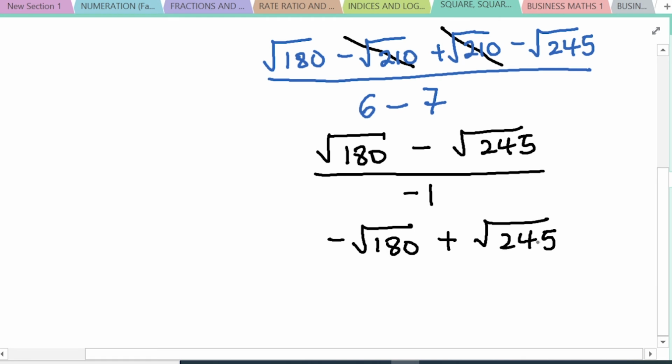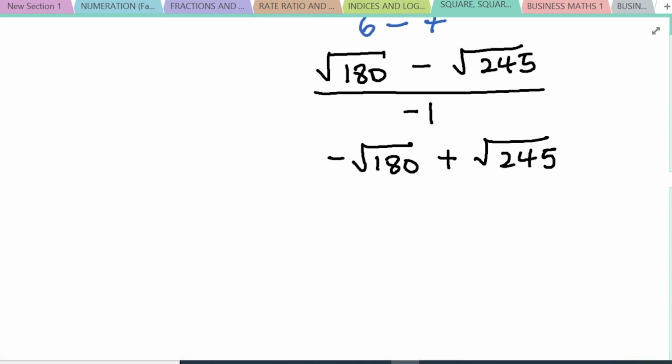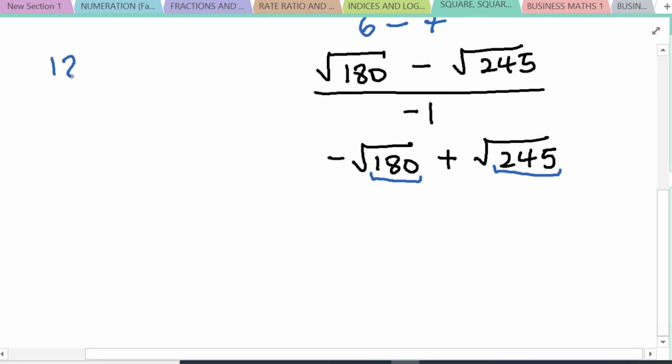So from there, all we just have to do is simplify it further. And we can simplify it further by simply finding the factors of 180 or the factors of 245, and we see which ones we can use. We just need one of the numbers to have a perfect square root. So let's start with 180 here. 180 has 1 times 180. We have 2 times 90.